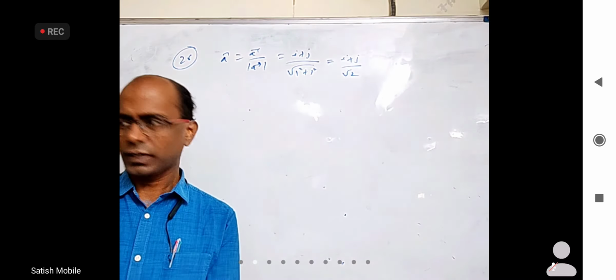But just to use a formula, writing B bar by mod B bar. In fact, why should I write this this time? I can make a statement: A bar plus B bar is along the angular bisector of A bar, B bar if and only if mod A bar is equal to mod B bar.